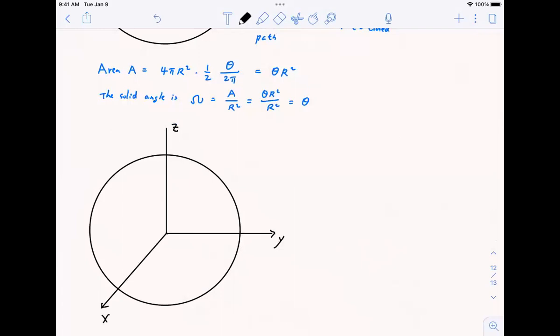Where's Riverside? Around here. Let's assume it is here. So what is this angle? Let me call it theta 0. Let's say this is Riverside.